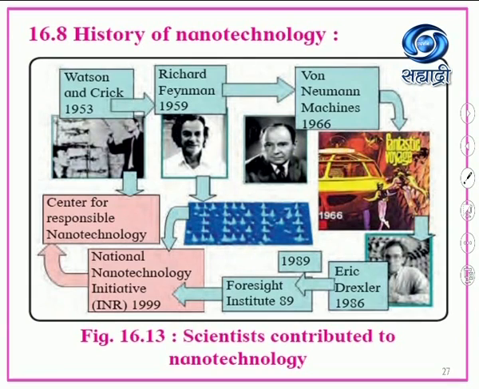After that, Richard Feynman in 1959, after that von Neumann machines, which he studied in 1966. Further study was done, and after that in 1986 Eric Drexler studied, and further in 1989 the Foresight Institute was established, and further the National Nanotechnology Initiative in 1999 was established, and further the Center for Responsible Nanotechnology has been established.